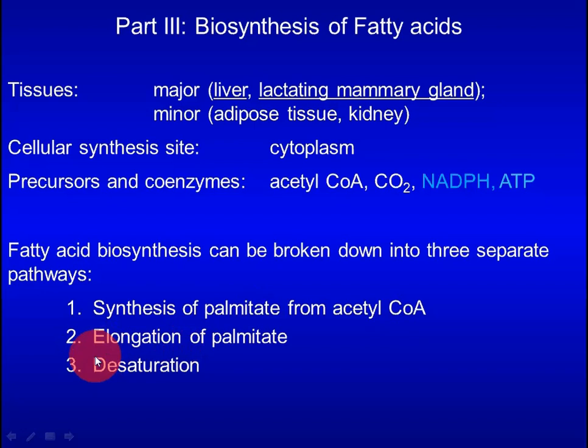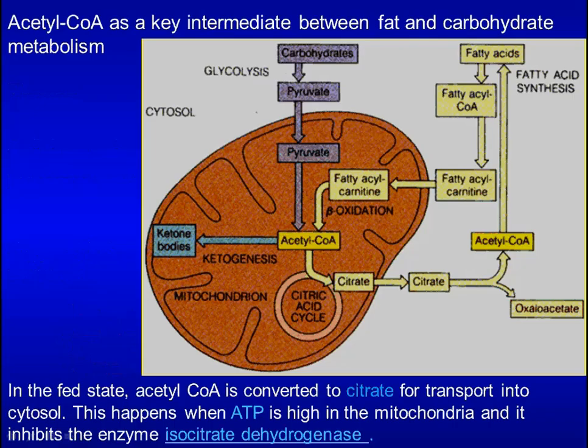And third, fatty acids can be desaturated to create double bonds. In starvation, fatty acids are transported into mitochondria, where they are oxidized to acetyl-CoA. A rising level of acetyl-CoA promotes gluconeogenesis.